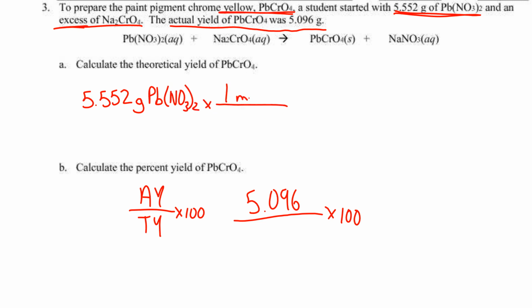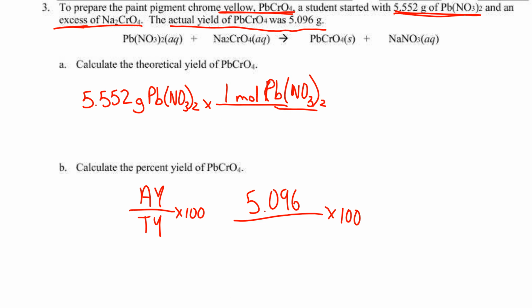No matter what the calculation is, if we're not given something in moles, we have to get to moles. So whatever steps it takes to get to moles, we have to do.